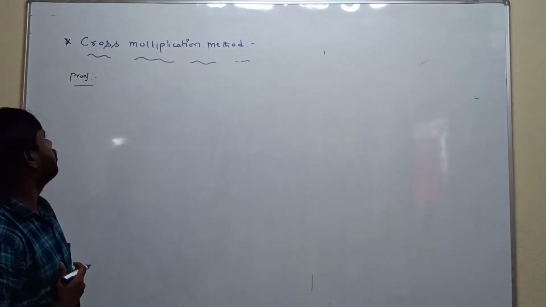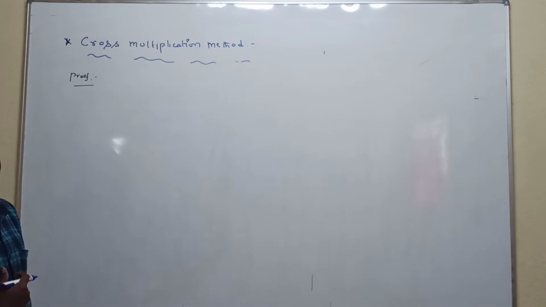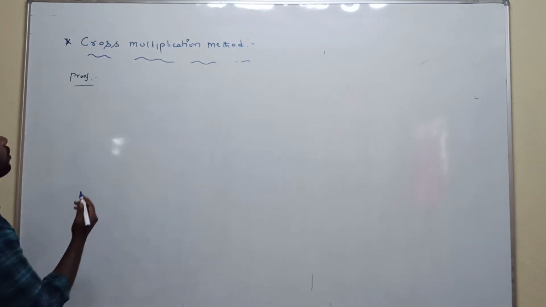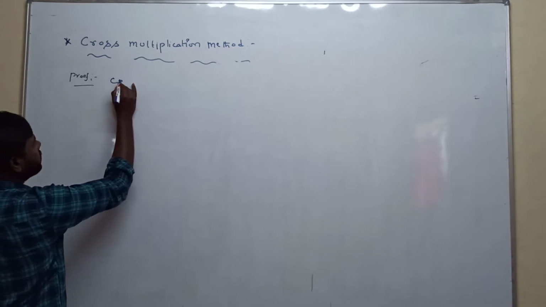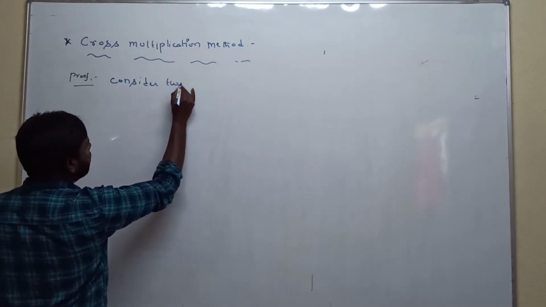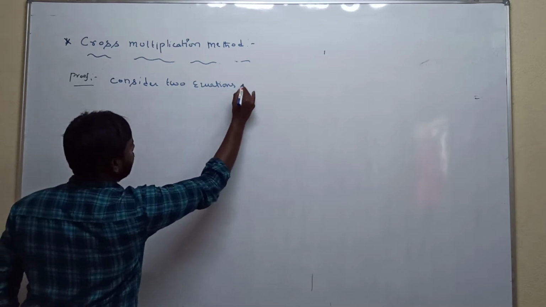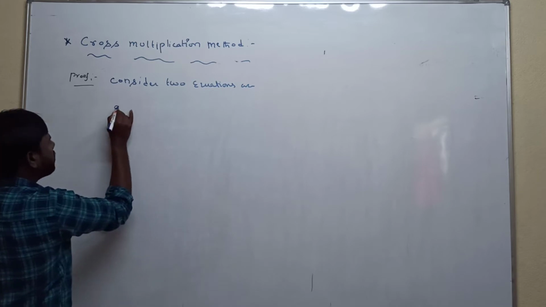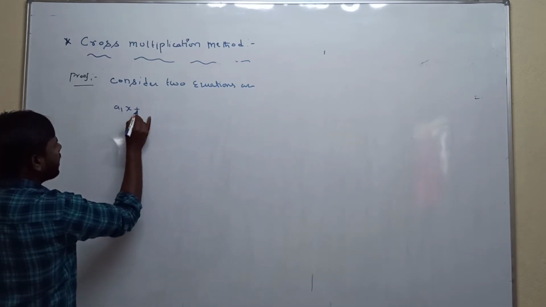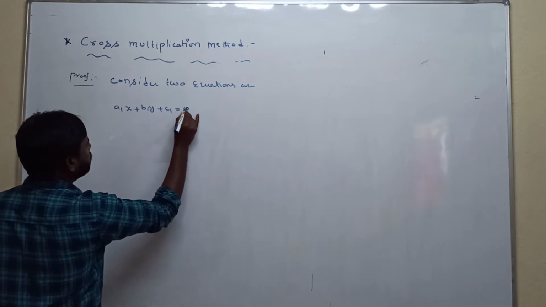Now, how to solve using the cross multiplication method? First, we have to consider two equations. The first equation is a1x plus b1y plus c1 is equal to 0.